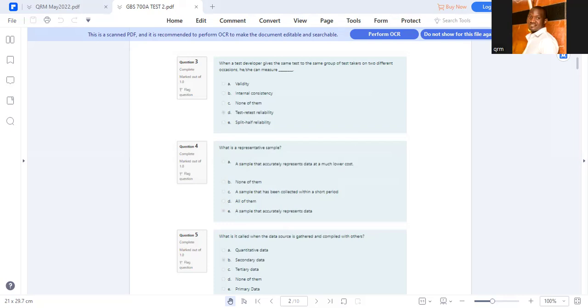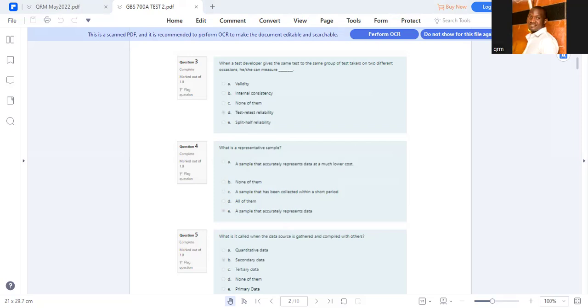I think I explained that. Test reliability. Pardon? Measures the test-retest reliability. Yes, it's a test-retest reliability.